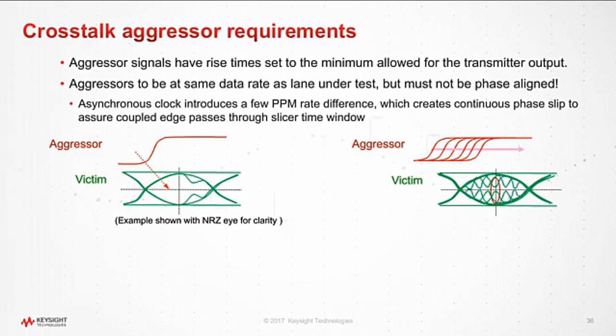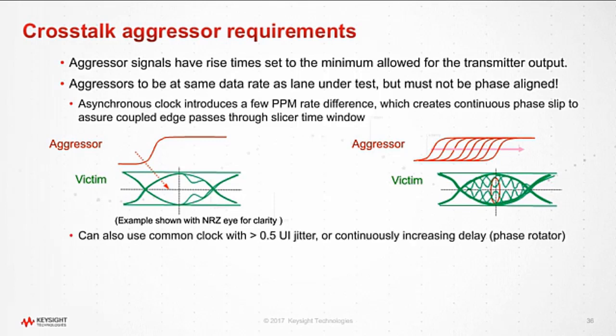So that's the reason the standards say you need asynchronicity. Now, that might be a problem, that's expensive. I've got to buy another clock source, I've got to buy another pattern generator. Well, you might not necessarily need to do that.